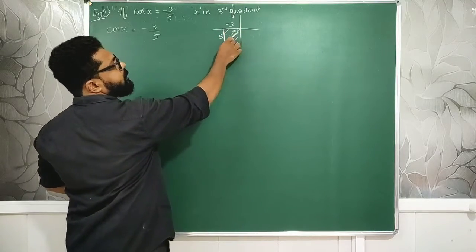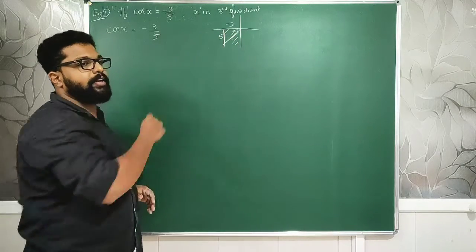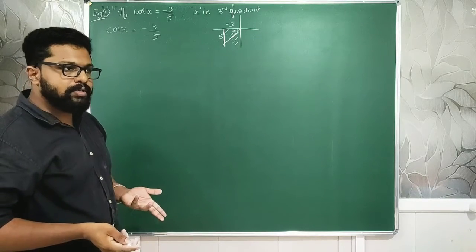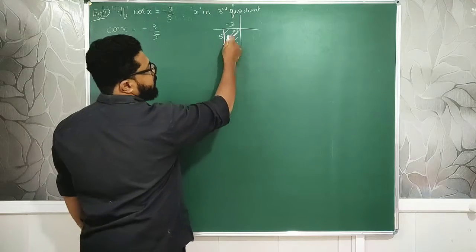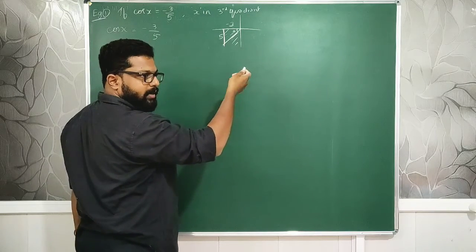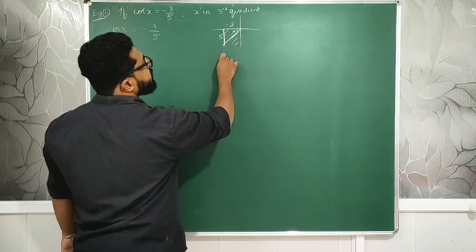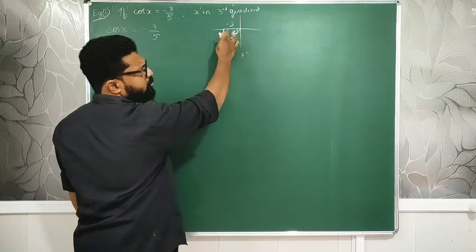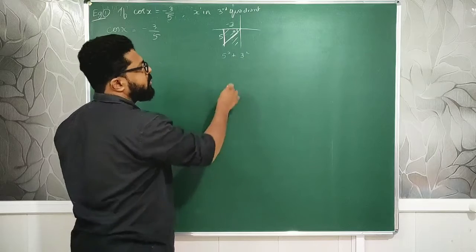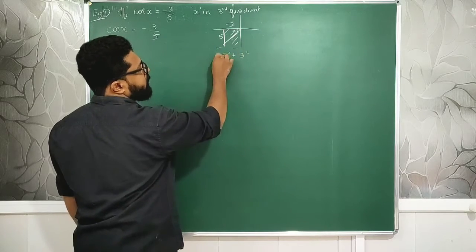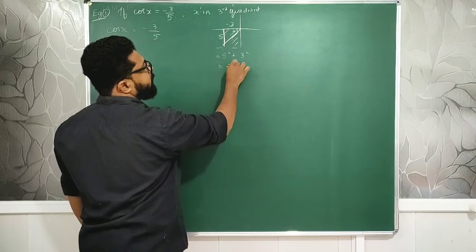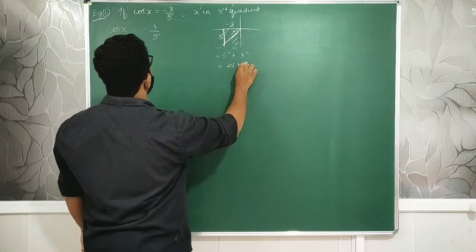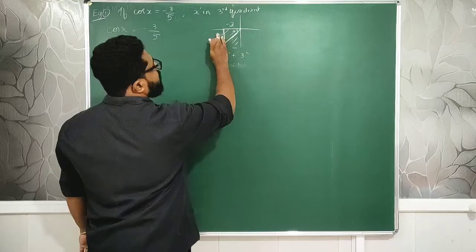I need to find this side in order to find the other trigonometric ratios. Finding that is simple. You can apply the Pythagoras theorem directly. There is no need to substitute into any formula.